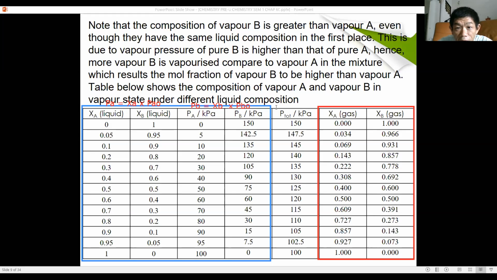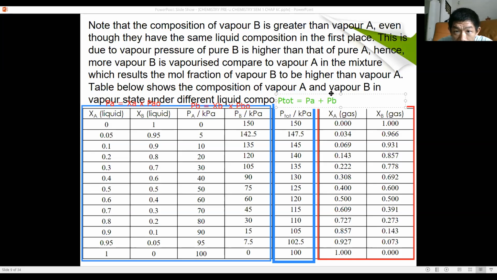Then you have the second formula, which I highlighted in green boxes, where P total over P total is equal to XA plus XB. So this is the second step, where you have P total equals PA plus PB.